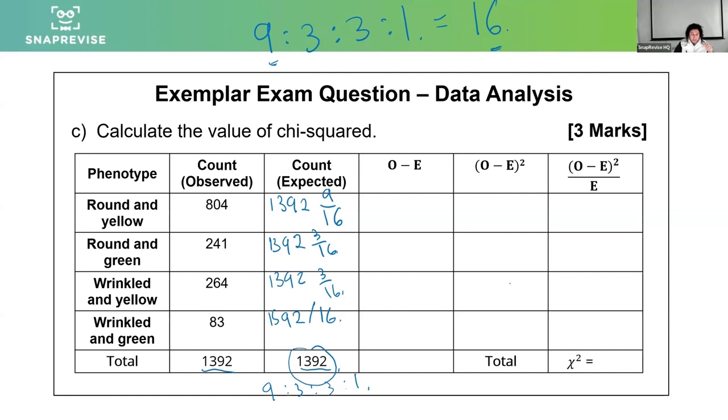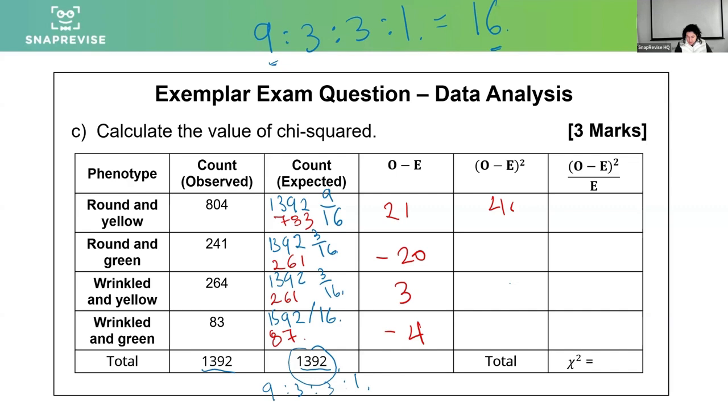This is how I'm going to come up with my expected ratios. So the actual numbers that come out of that are, I'm going to write them in a different color so you can see them. So this comes out to 783. This is 261, 261, and 87. Then this is just like calculator, right? Then I come up with my observed minus expected, which is 21 minus 23 and minus 4.